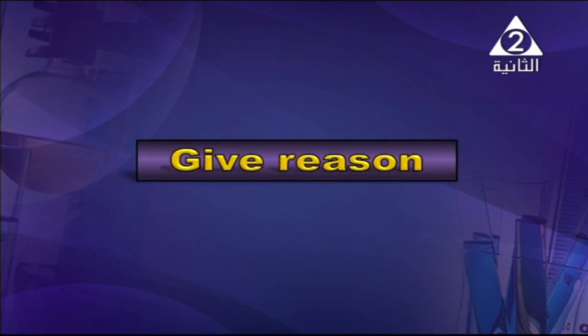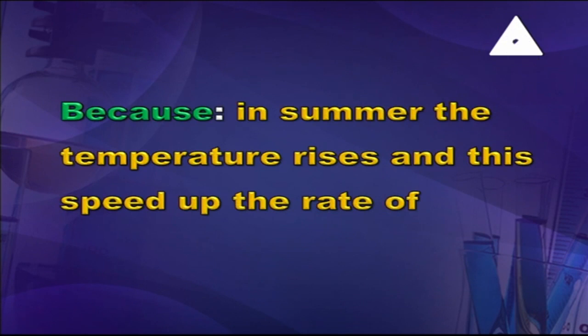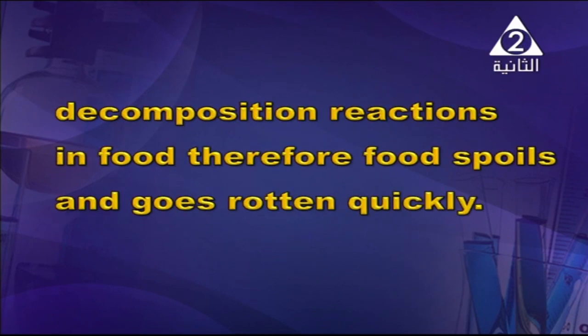So we have good reasons on this point. In summer, food goes rotten quickly if we leave it in the air, because in summer the temperature rises and this speeds up the rate of chemical reaction and the decomposition increases, so the food spoils and goes rotten quickly.